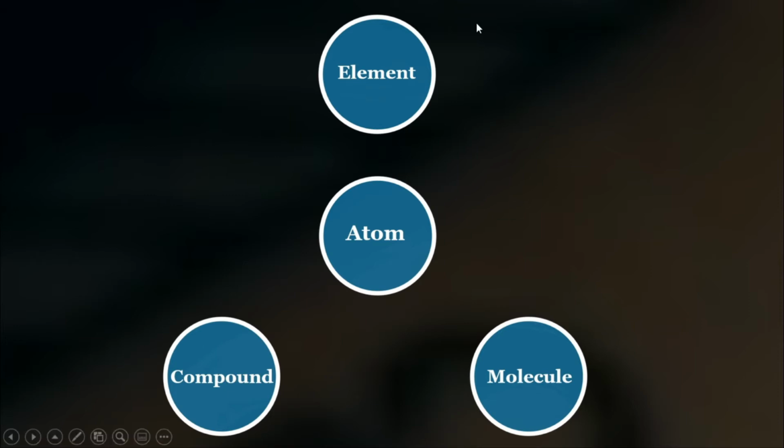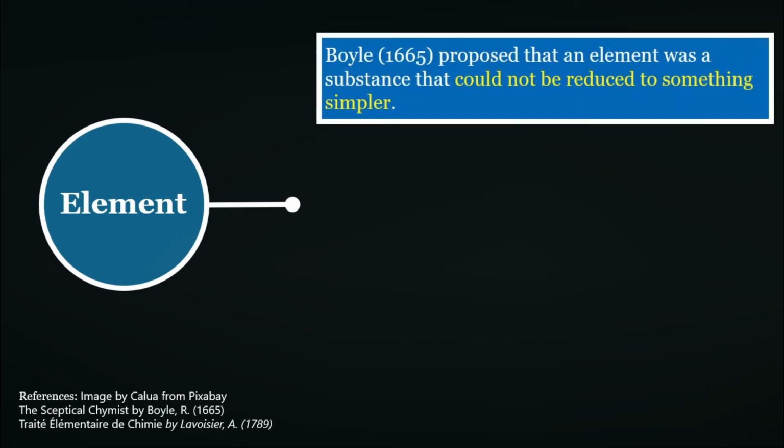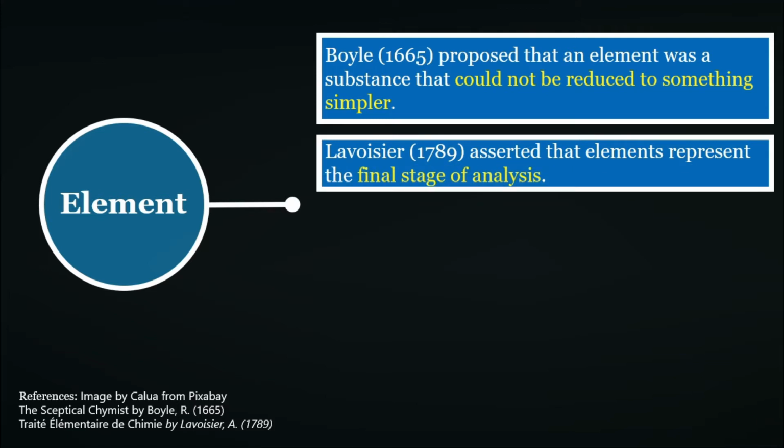Now, what is an element? One definition of an element is proposed by Robert Boyle, saying that elements are substances that could not be reduced to something simpler. To add weight to this, Lavoisier asserts that it is the final stage of analysis.